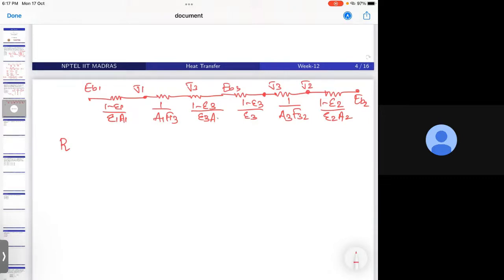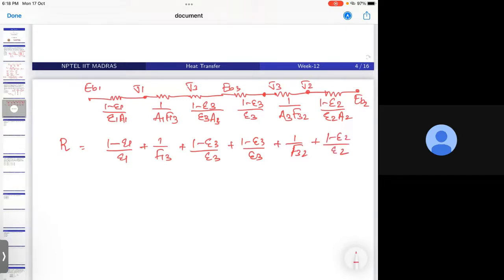We take (1 minus epsilon 1) by epsilon 1, plus 1 by F13, plus 1 by epsilon 3, plus epsilon 3 by epsilon 3, plus 1 by F32, plus (1 minus epsilon 2) divided by epsilon 2. And F13 equals F32 equals 1 because these are parallel plates.